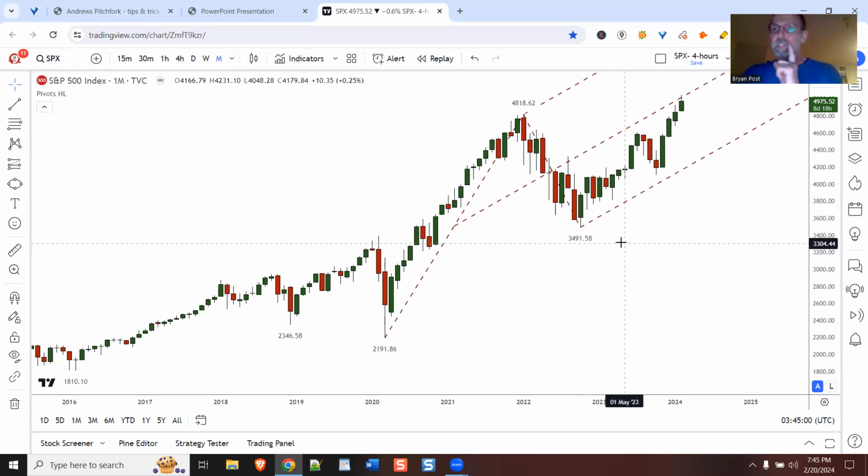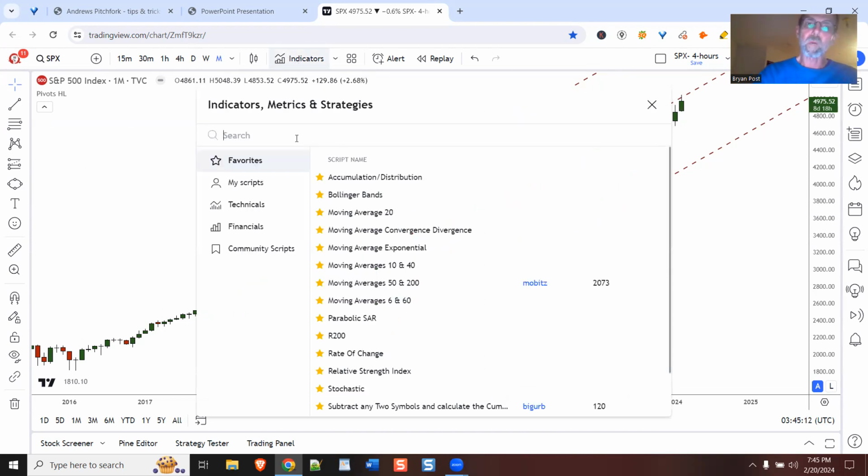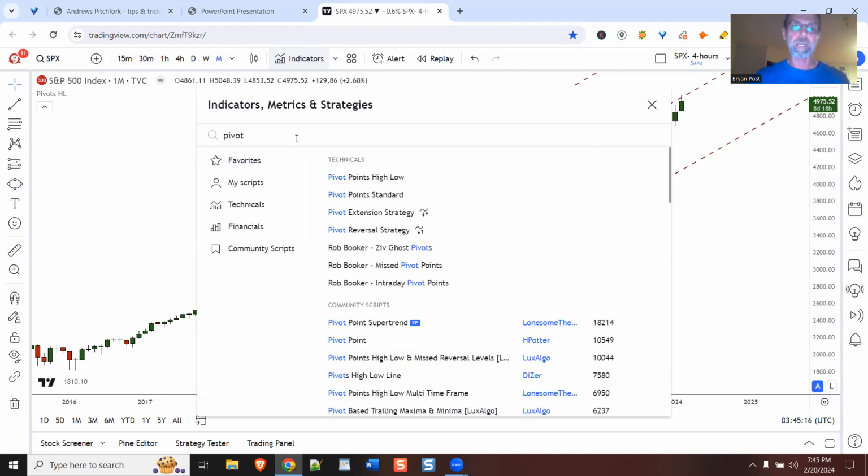So that's tip number one for drawing valid Andrews pitchforks: whatever drawing tool you're using, play with the different swing and pivot tools. If we just look here, at least the first two are tools provided by TradingView.